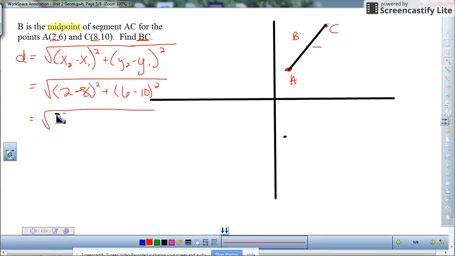Well, 2 minus 8 is negative 6 squared plus 6 minus 10, well, that's negative 4 squared. All right, and negative 6 times negative 6 is positive 36. And then negative 4 times negative 4 is going to give you a positive 16. So when I add those two together, 36 plus 16 is going to give me the square root of 52.